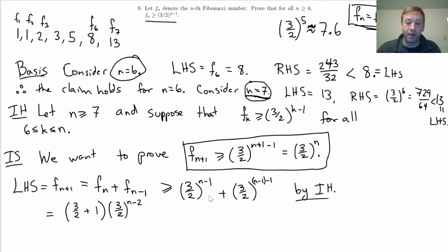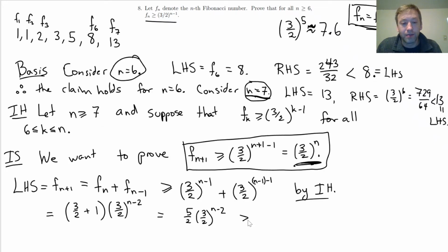And this is the same as 5 over 2 times 3 over 2 to the n minus 2. At this point, you might be kind of stuck because we want 3 over 2 to the n, and we don't have it, right? This is not 3 over 2 to the n, but the good thing is that it's even bigger than 3 over 2 to the n, right?